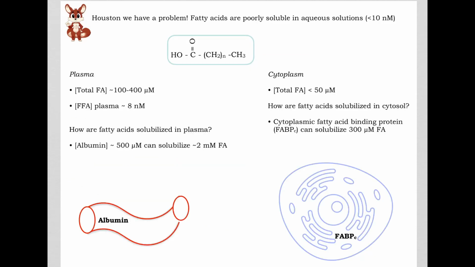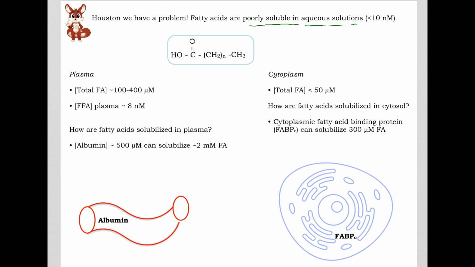Of all the major biomolecules, carbohydrates, proteins, nucleic acids, and lipids, dealing with lipids has a very unique problem, and that is because lipids are poorly soluble in water, and as you know, our body is mostly water.